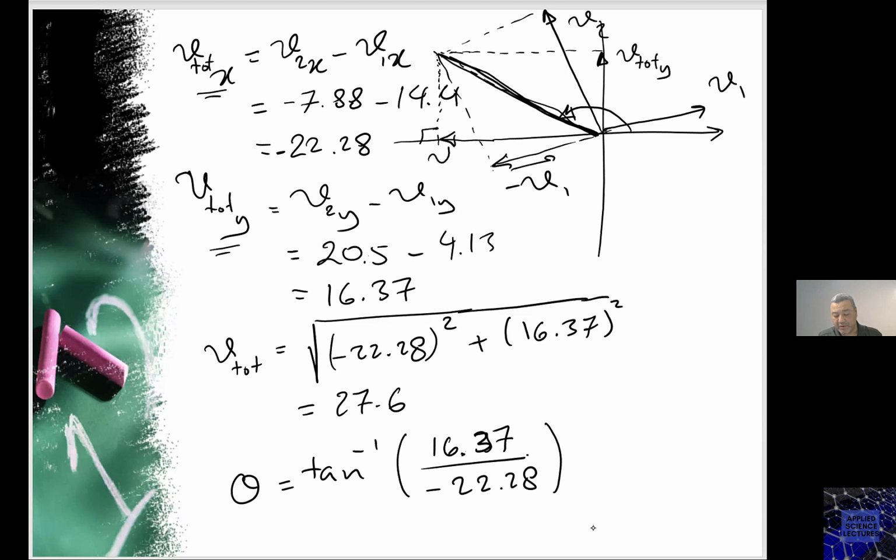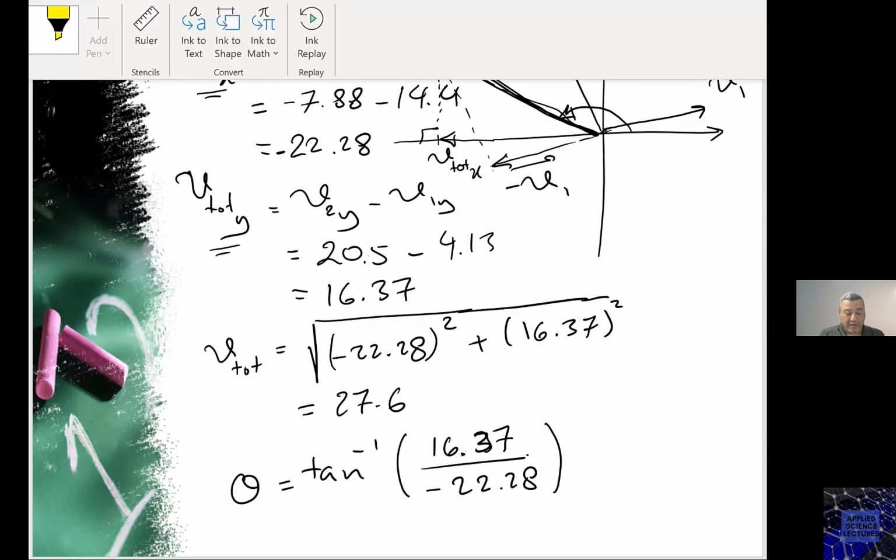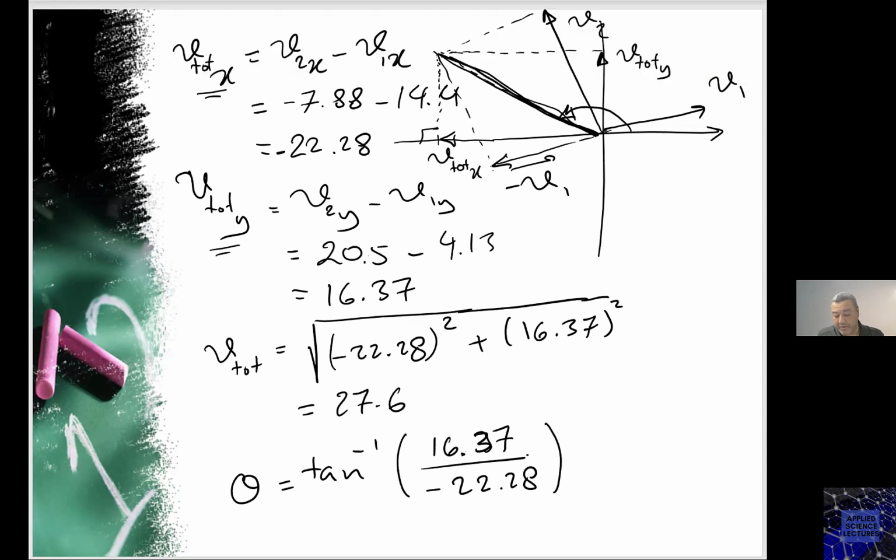This is V tot x. I'll put them in different colors. So this is my V tot x, and this is my V tot y. That makes sense.